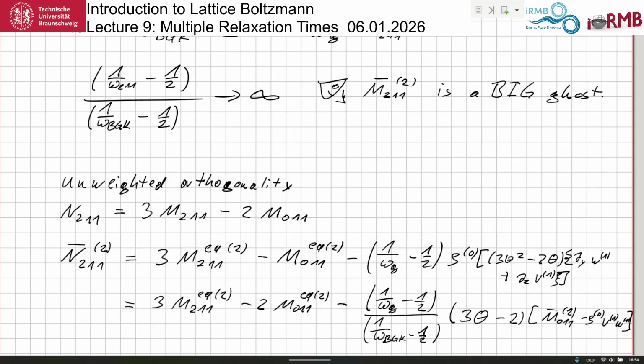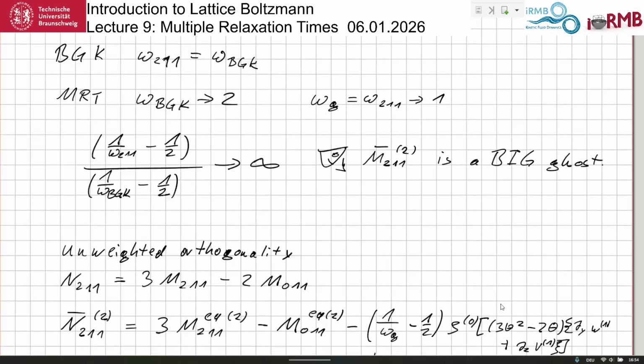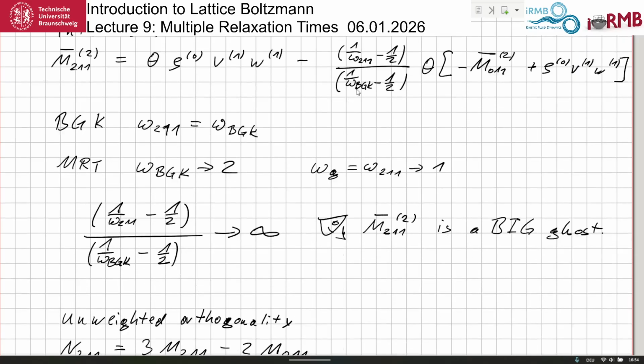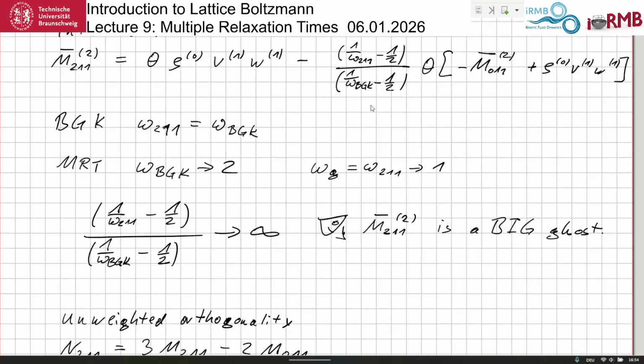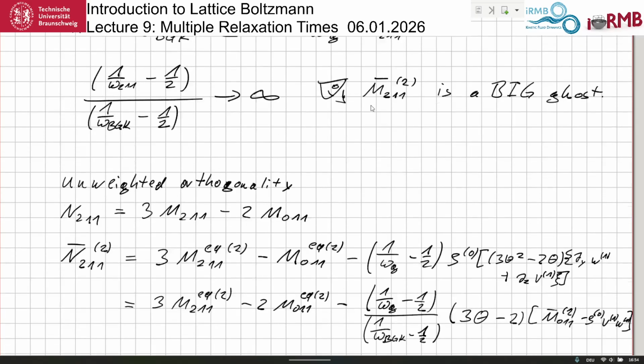Can you spot what would be the difference between this one, the weighted orthogonal, and that one? Let me see, I hope I have not killed it. Let me see whether I did it correctly. Okay, there should be in my memory, but I'm an old man.